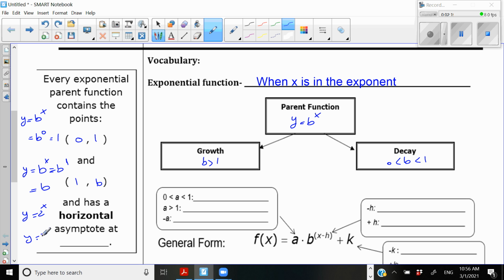If it's y equals 3 to the power of x, we have (1, 3). Also (0, 1) is always in our function. So these are the 2 main points of our function. Also, every exponential parent function always has a horizontal asymptote at y equals 0. We're going to talk more about this later.